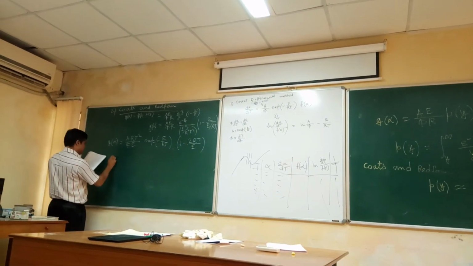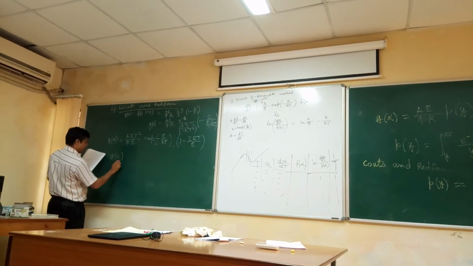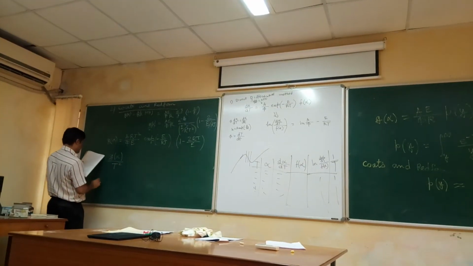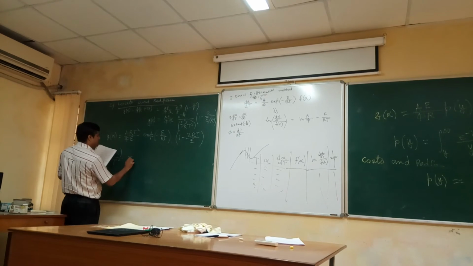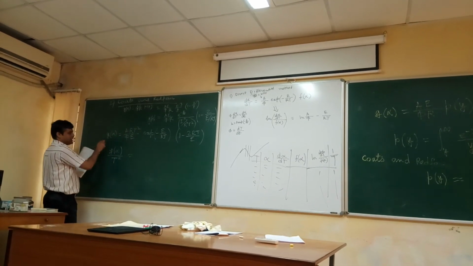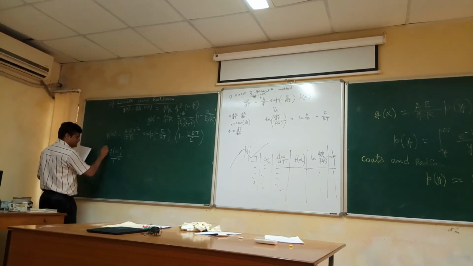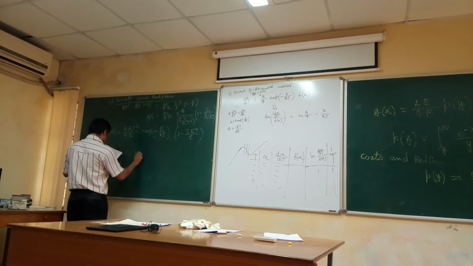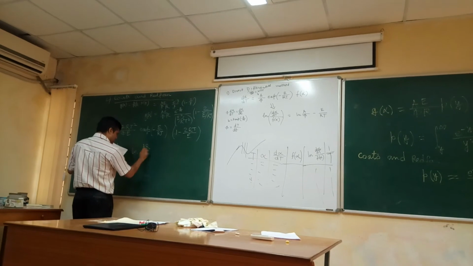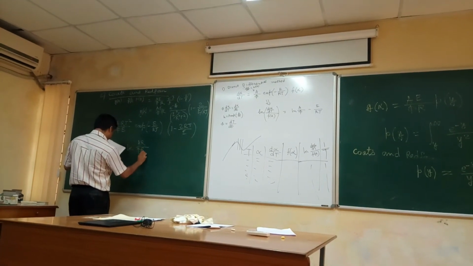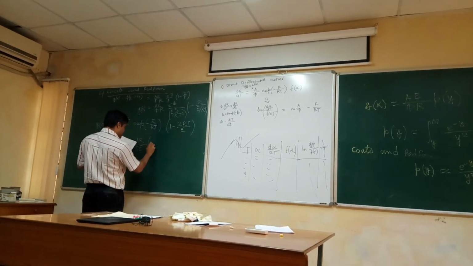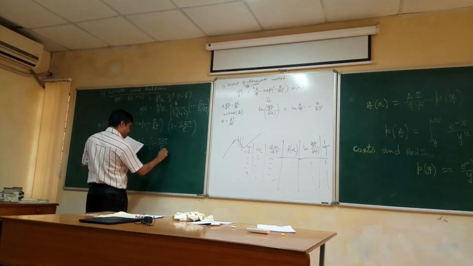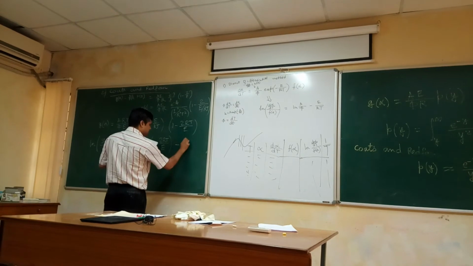Just take G(α) by T square, just take T square here and take logarithm of that. Then you will have ln of AR over φE multiplied by 1 minus 2RT over E, minus E over RT.